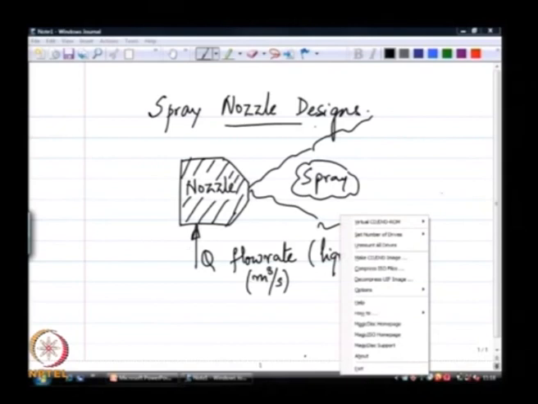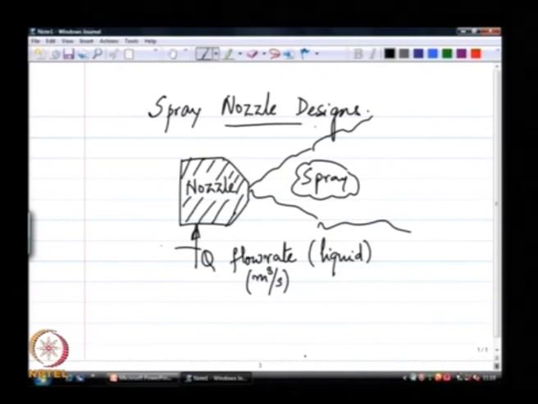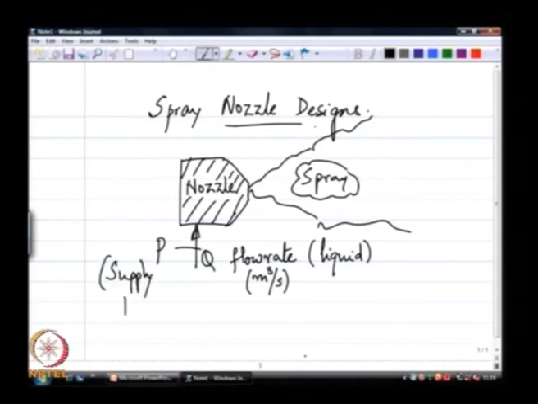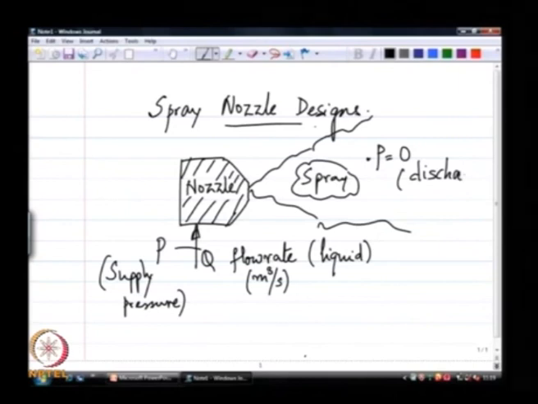and if this is coming in at some pressure delta P. So, I will call this P the supply pressure, and I will assume for a moment that the pressure into which the spray is discharging is 0.